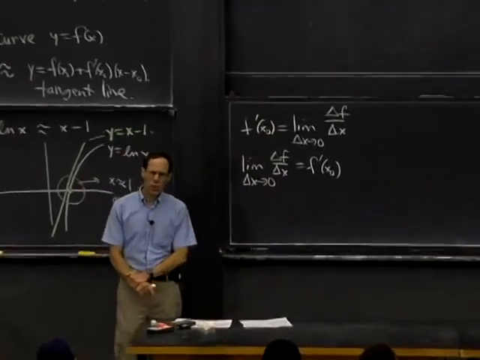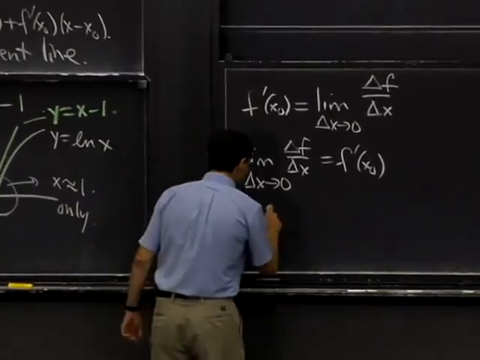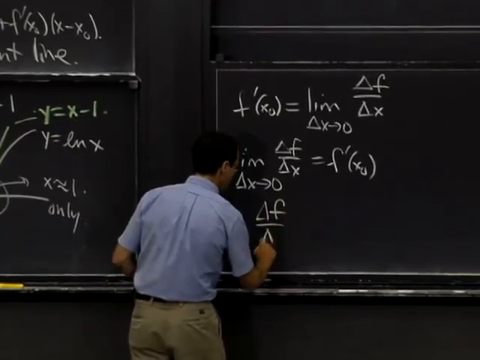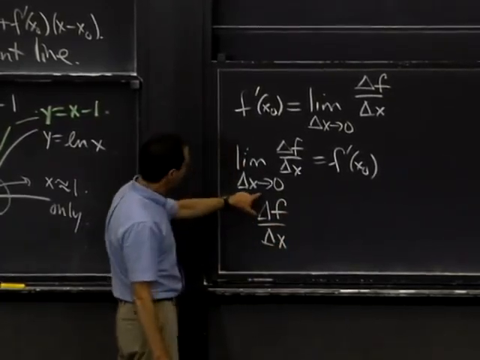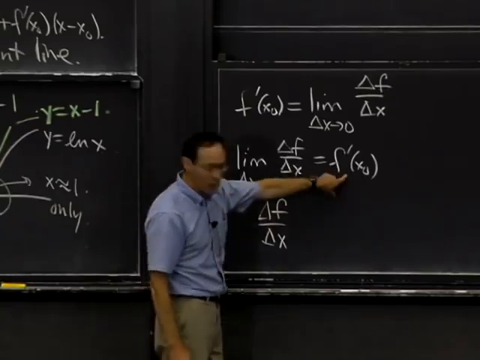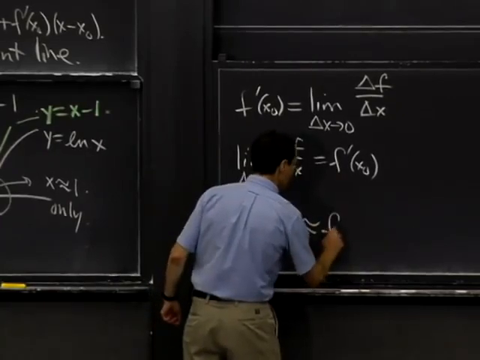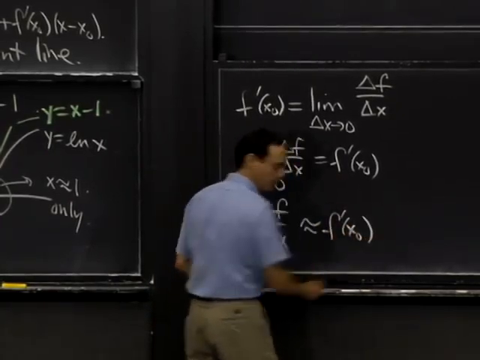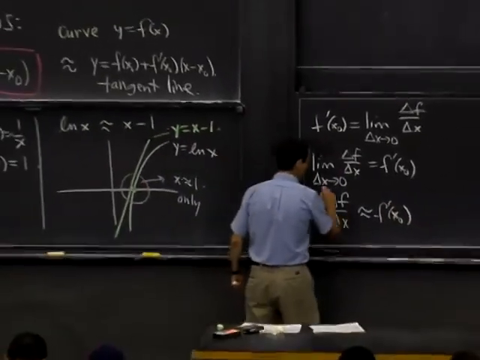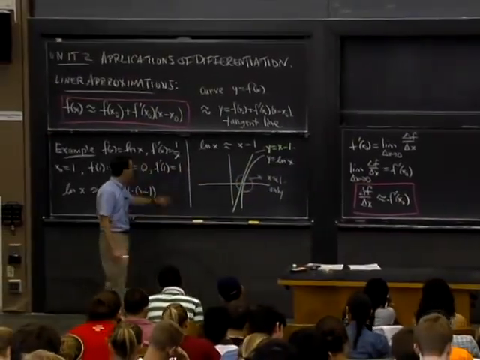Now, what's new about what we're going to do is that we're going to take this expression, delta f over delta x, and say that when delta x is fairly near 0, this expression is going to be fairly close to the limiting value. So this is approximately f prime of x0. I claim that is the same as what's in the pink box over here.